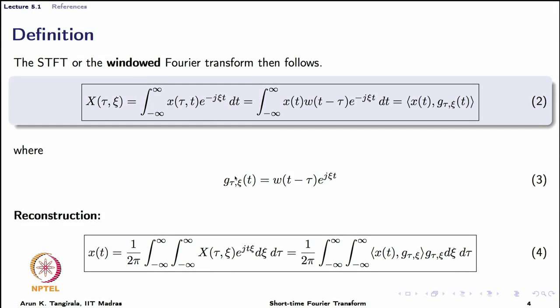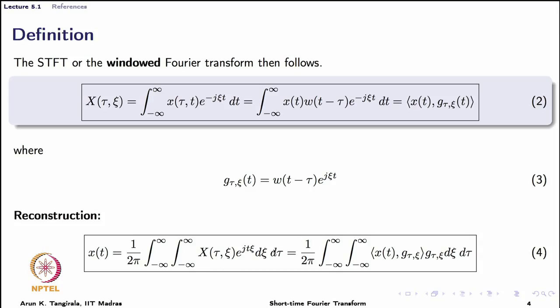Now, I have what is known as a time frequency atom. I can reconstruct my signal. In other words, here this is my analysis equation, and here now I have my synthesis equation. Given the short time Fourier transform, I can always recover the signal using this expression here.